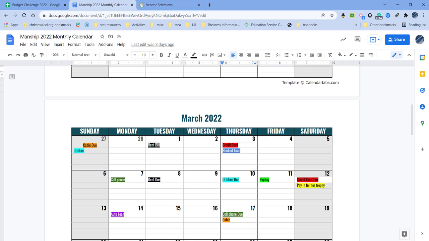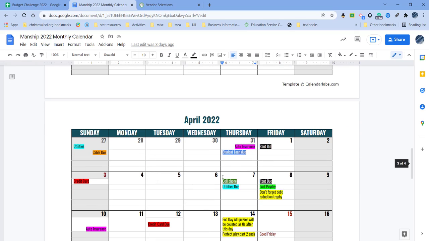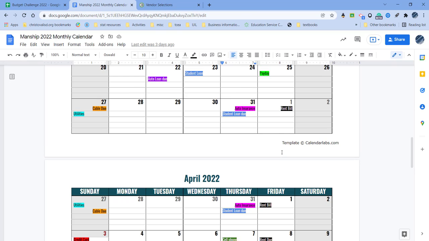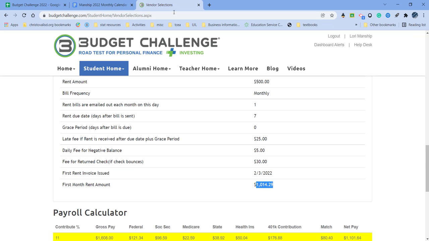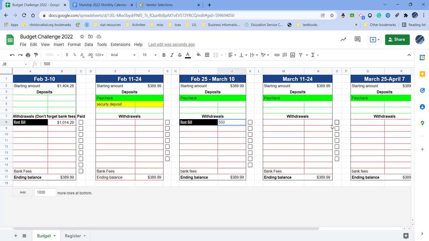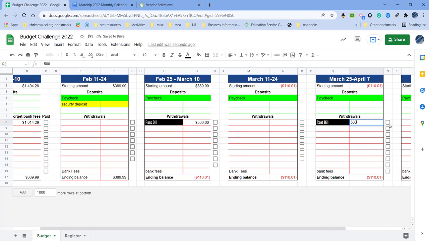And going back over to my calendar, in April, I could either pay it out of the pay period that starts on the 25th and ends on the 7th, or the other ones. I'm going to go ahead and put it in the first one, and if I need to, I realize I can change that around. So rent, and I put that as $500.